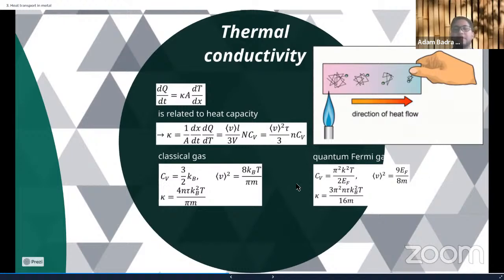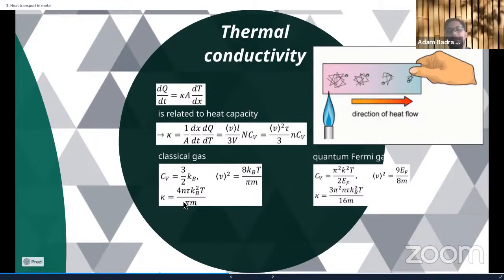Okay, but overall, if we take the value of the thermal conductivity, kappa, both of the kappa depend on T. So more or less the conclusion, in terms of thermal conductivity, is that kappa depends on more or less the same physical quantities: n, the electron density, tau, the scattering or collision time, T, the temperature, and m, the mass. They have the same. So the one difference is only the constant.